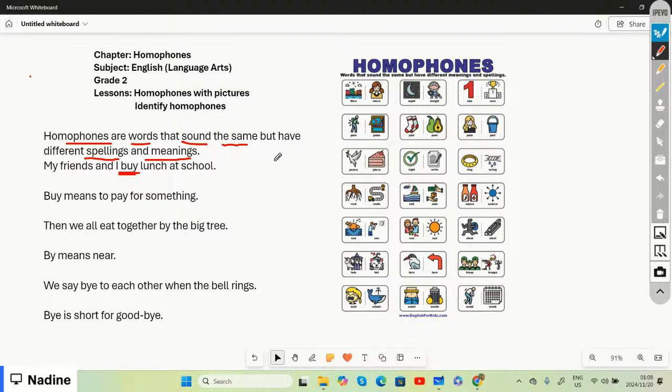And if we look at that word buy, let's say you go to the shop and you're either buying snacks or sneakers or clothes.